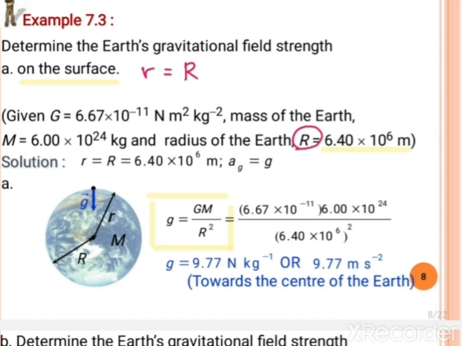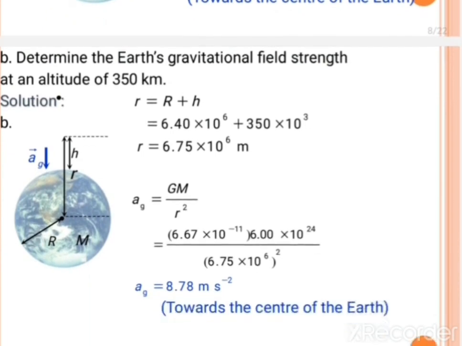So we just substitute G times M, mass of Earth, over R squared, and then you will get the answer: gravitational field strength equal to 9.77 meter per second squared toward the center of Earth.